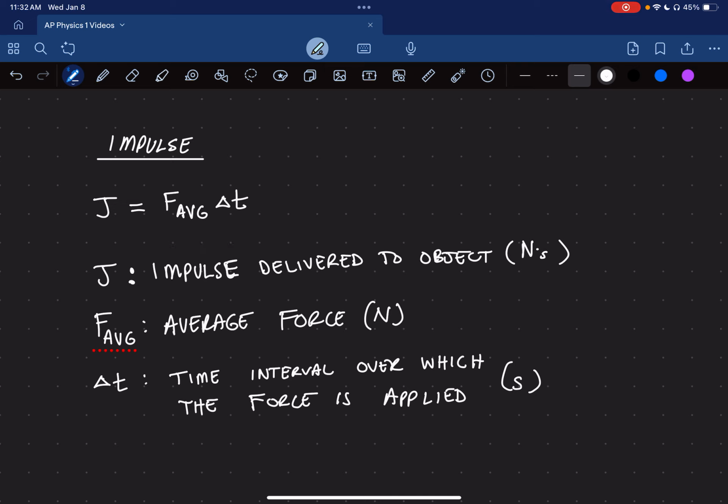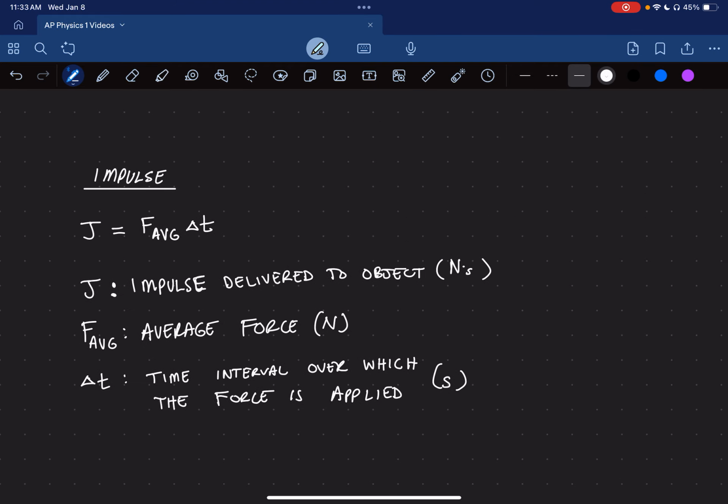Let's talk about what an impulse actually is now. What I think about personally when I think about impulses is actually sports. Typically, most sports involve some ball of some kind, soccer. Let's just use the idea of a soccer ball, maybe a golf ball.